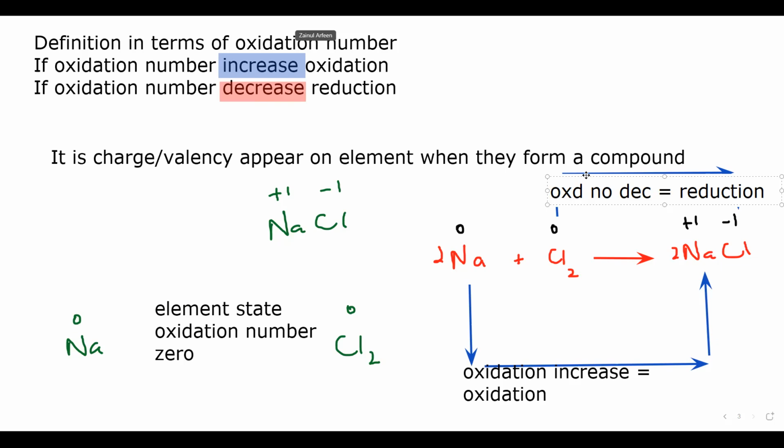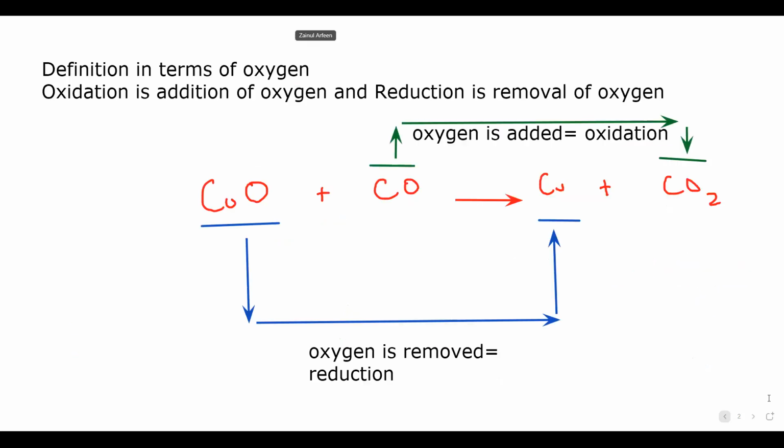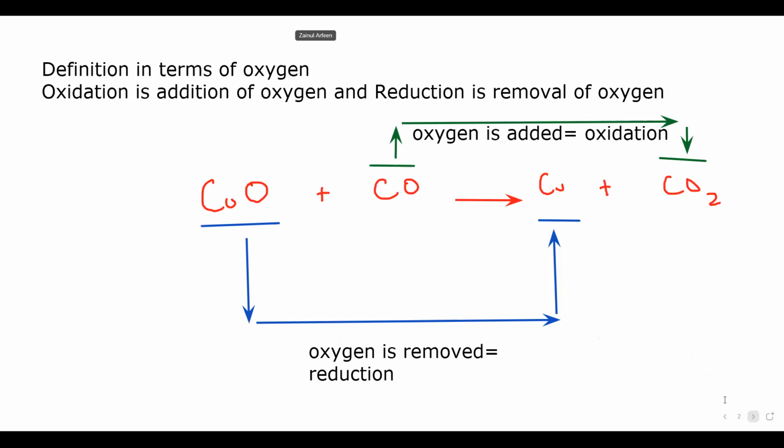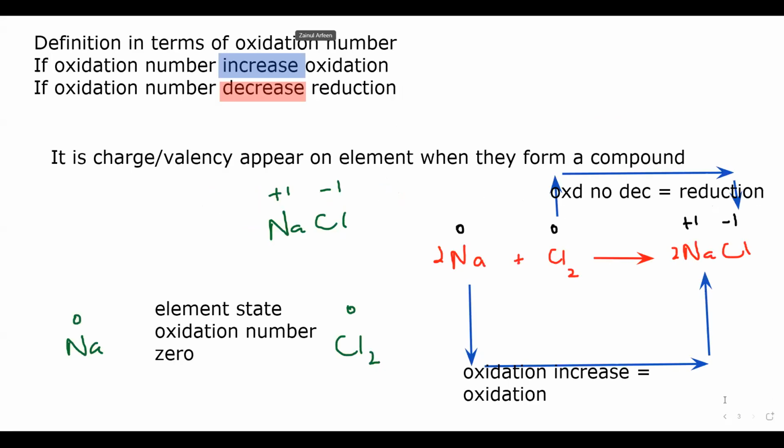Oxidation number is a charge that appears on an element when they form a compound. Any doubt till this point? I'll give more examples to improve your understanding, but this is the basic idea that when oxidation or reduction happens, it can be defined in 3 ways: in terms of electrons, in terms of oxygen, and in terms of oxidation number.